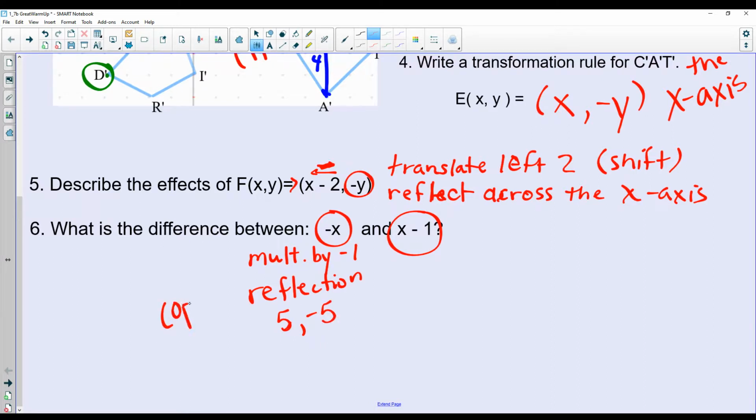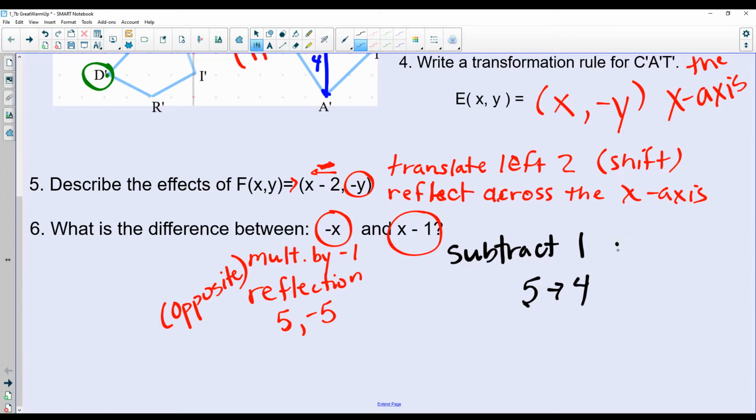That is doing the opposite, okay? Versus here, whenever you do x minus 1, now you're talking about a situation where you are just subtracting 1. So a 5 turns into a 4 because you're just subtracting 1.